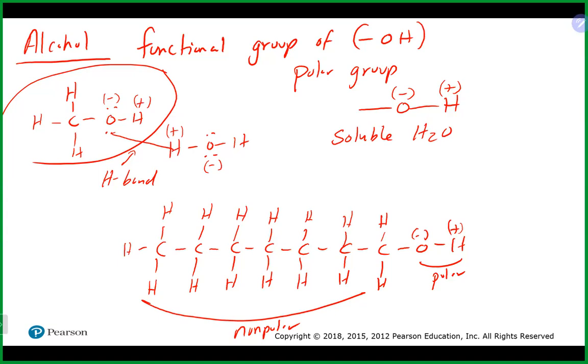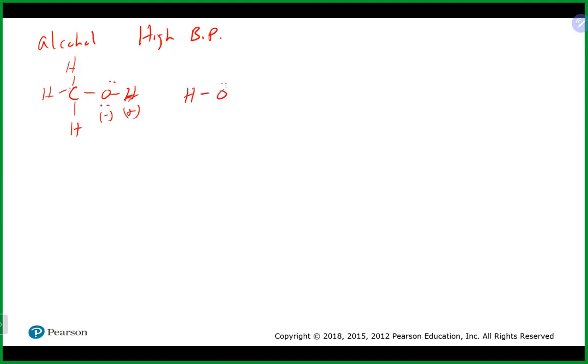Alcohols, in addition, have usually really high boiling points. And alcohols will typically have high boiling points because they can actually hydrogen bond with themselves. And hydrogen bonding, if you remember, is a pretty strong intermolecular force.